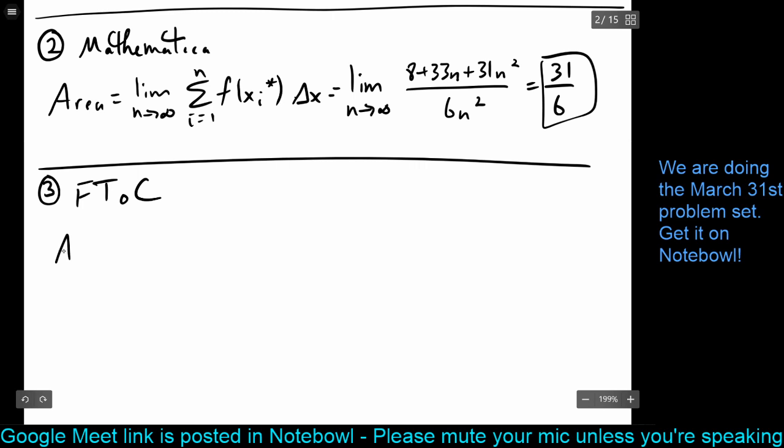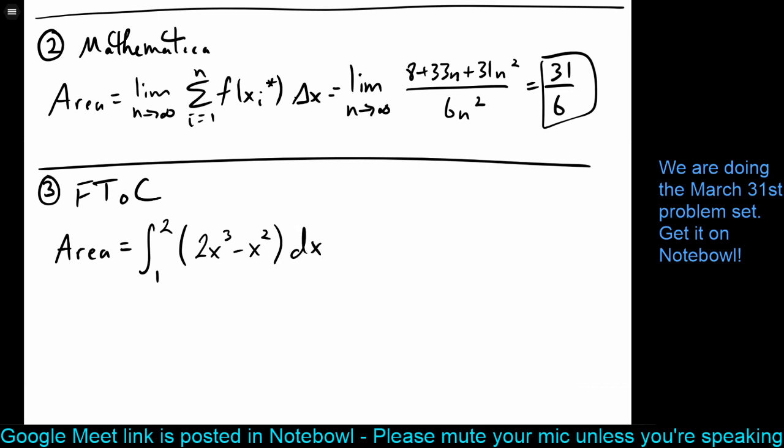So the area, the fundamental theorem of calculus tells us, is the integral from a to b of f of x dx. So from 1 to 2 of 2x cubed minus x squared dx. Whenever we're finding area, all we're doing is computing this definite integral here.